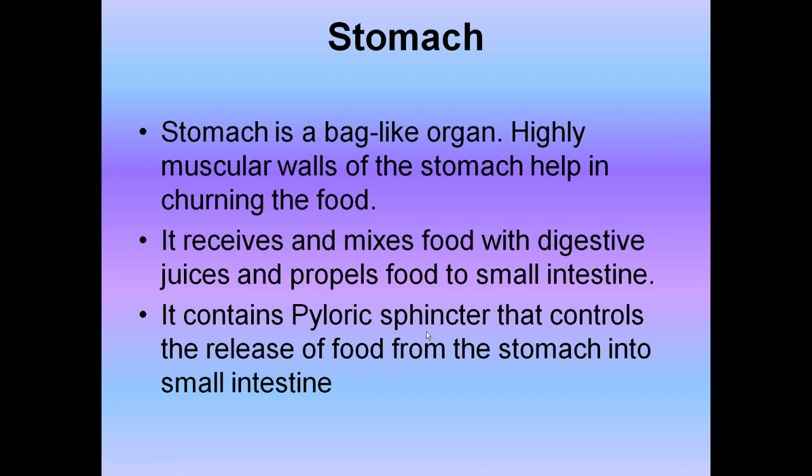You have to learn, memorize, recall three times. That is, the pyloric sphincter is a flap-like thing present at the junction of stomach and small intestine, and it is a one-way door. Food can move from stomach to the small intestine, but it can't go in the reverse direction from small intestine to stomach.